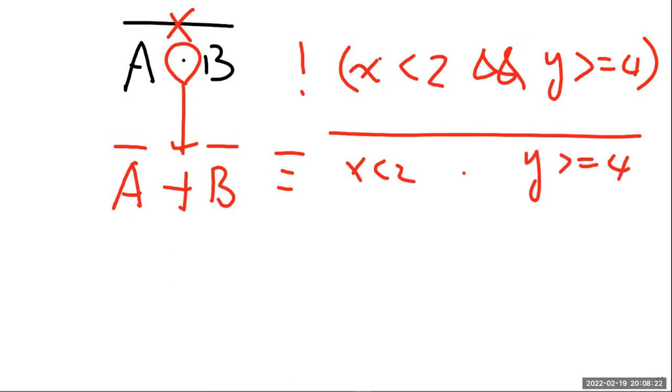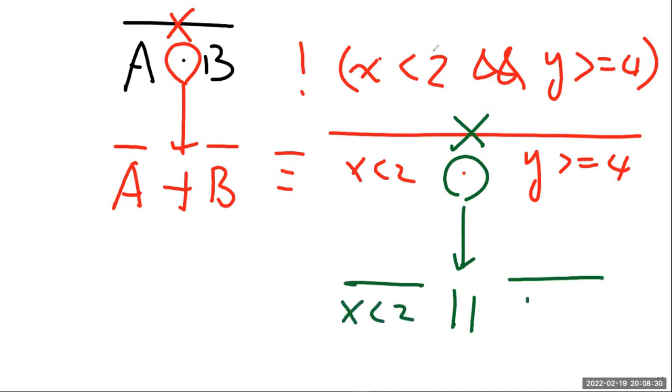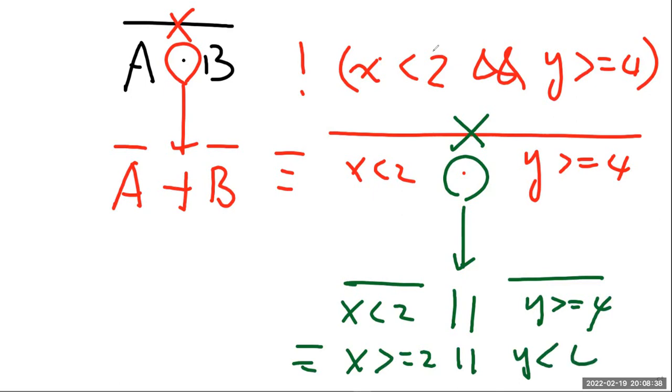You break the bar, change the operator from and to or, and you have X less than 2 bar or Y greater than or equal to 4 bar. This is equivalent to X greater than or equal to 2 or Y less than 4, okay?